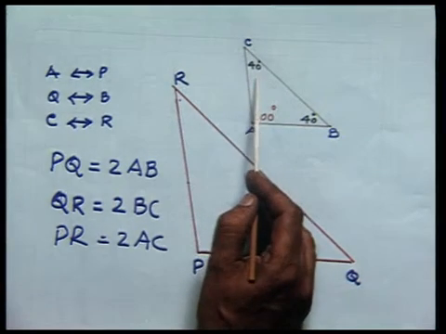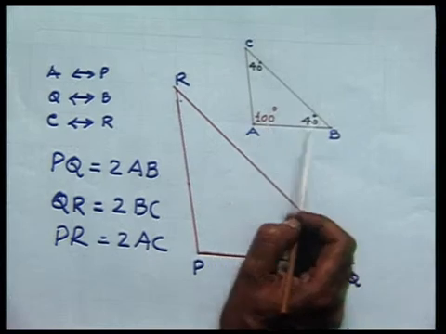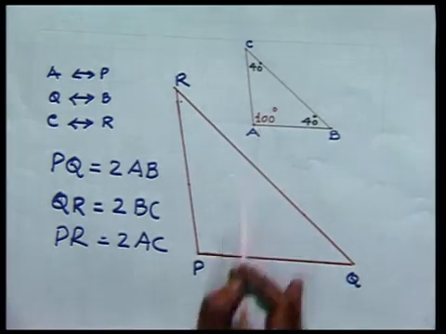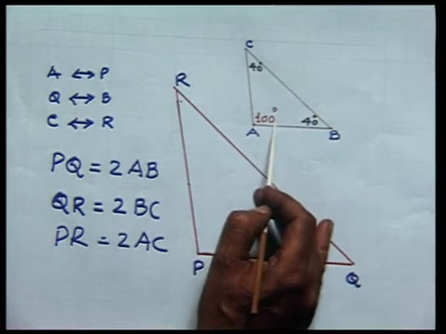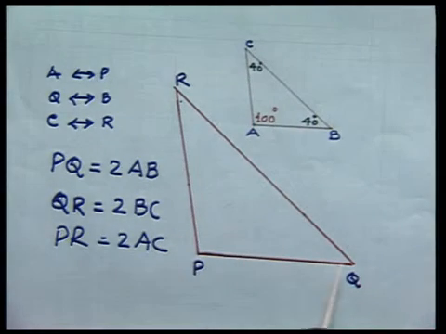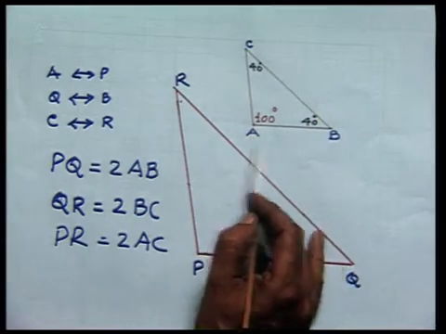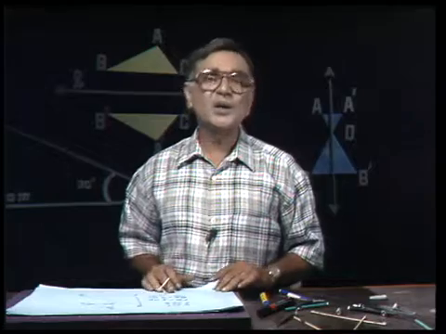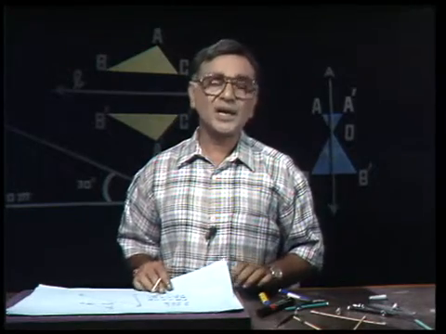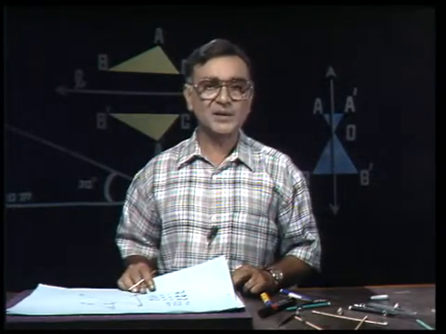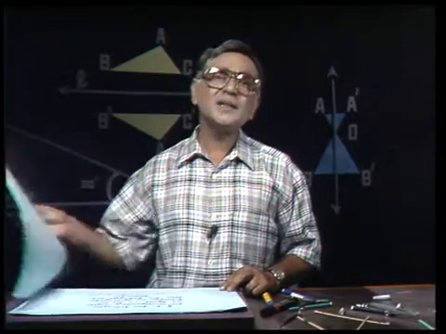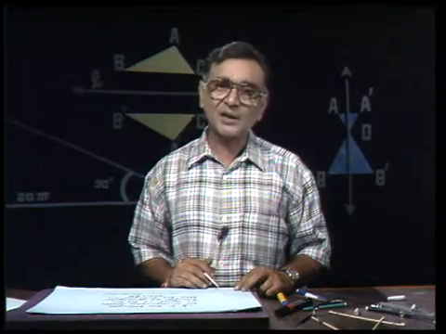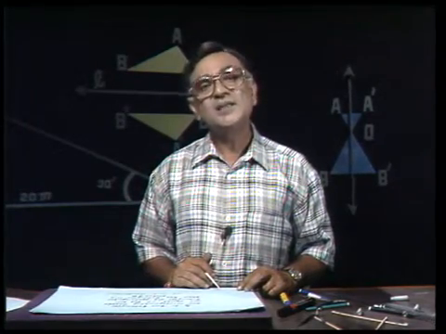The angles we had made 100, 40 and 40 degrees, and I constructed a new triangle with same angles as that of triangle ABC and got the sides twice that of the corresponding sides of the triangle ABC. So, in this one we found that if in one triangle 3 angles are given and we construct another triangle whose 3 angles are same as that of the given triangle, then the triangles are similar.